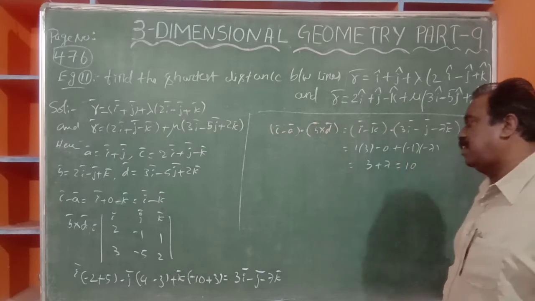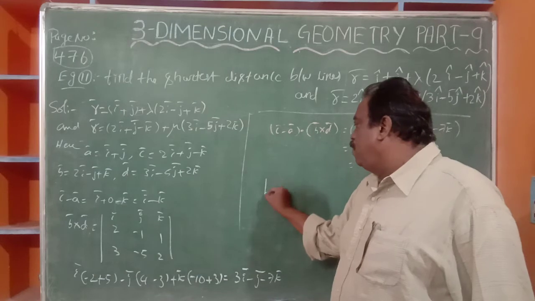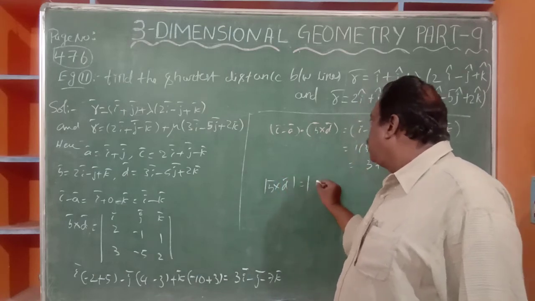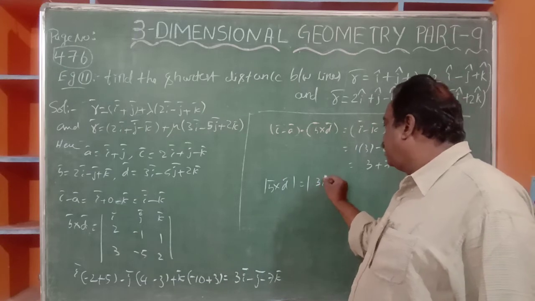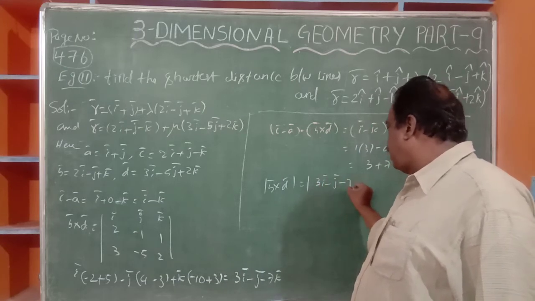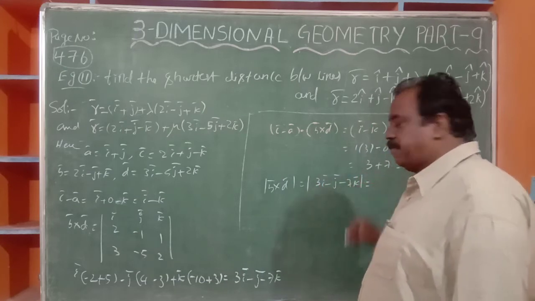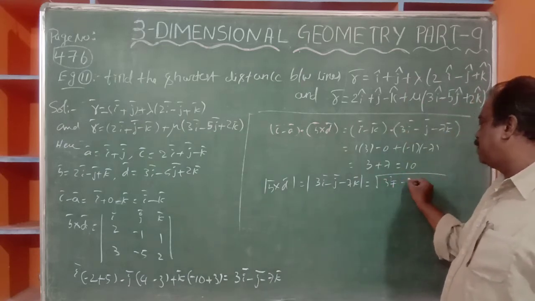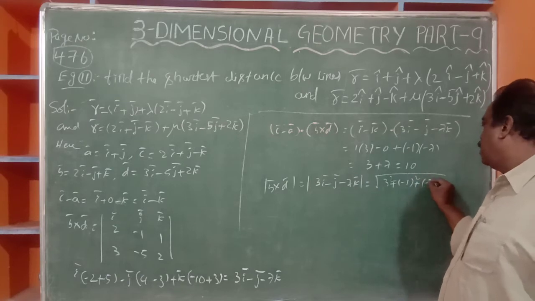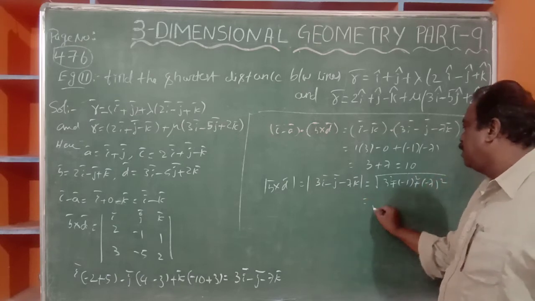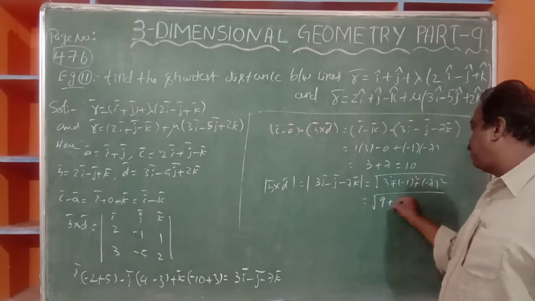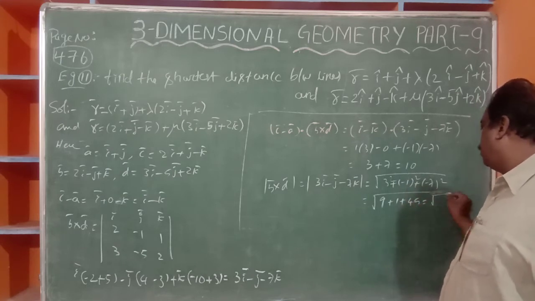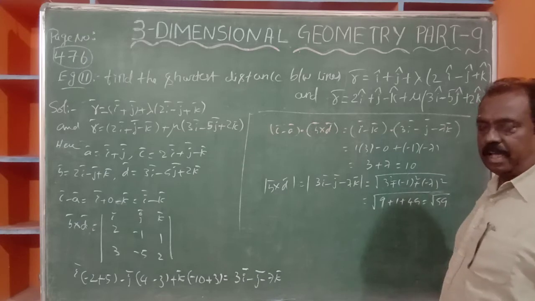That is 10. Again, what is the modulus of B bar cross D bar? That is the mod of 3i minus j minus 7k, which is root of 3 square plus minus 1 square plus minus 7 square, that is 9 plus 1 plus 49, which is root 59.